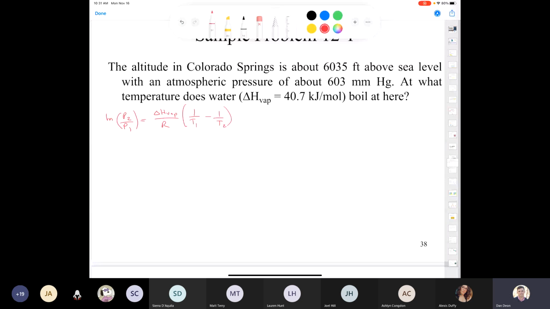Okay, so let's start with our initial pressure. Our P1 is equal to, I'm going to choose atmospheric pressure. And for P2, I'll choose the pressure in Colorado Springs, which is 603 millimeters of mercury.